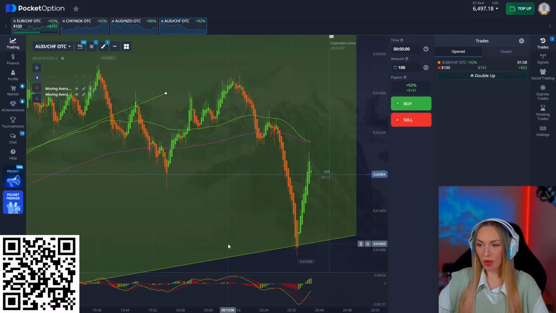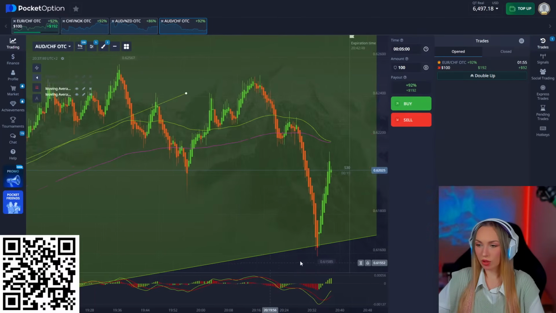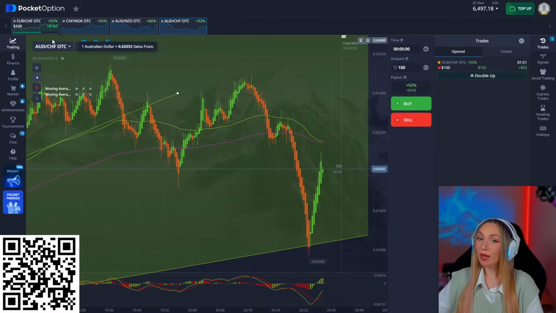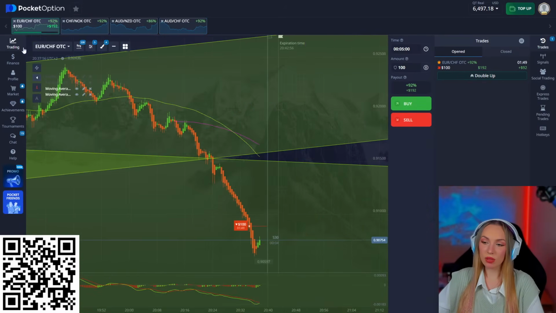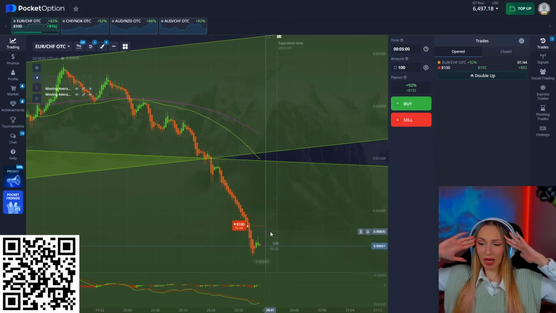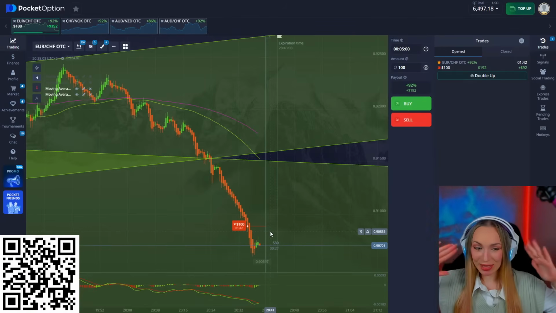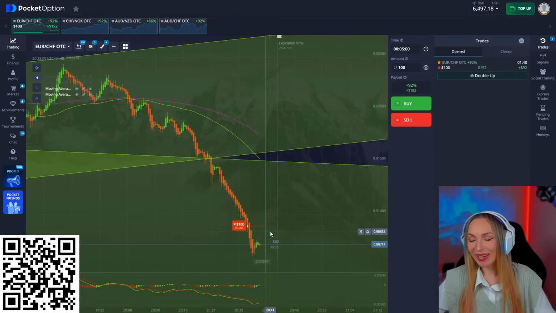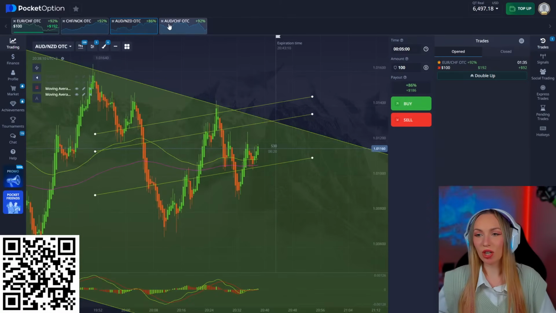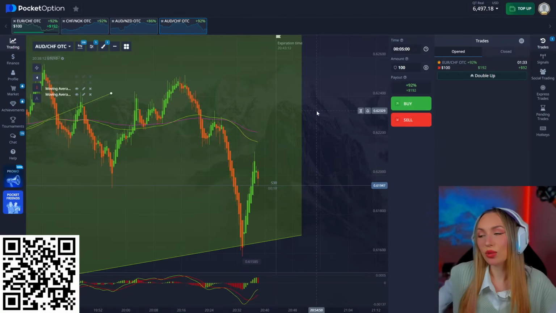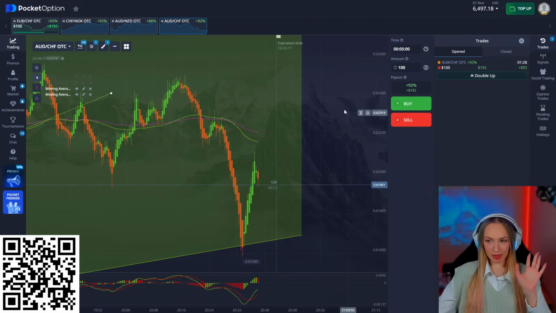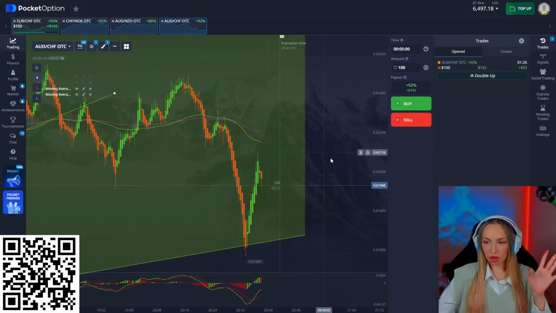So I don't know if I should open the trade here, because in comparison with all the other charts that we opened trades on today, and oh my god, why did it start to go up, the correction, the one that I was afraid of. No. Anyway, in comparison with all the other charts, AUD/CHF looks a little bit chaotic to me, so that's why I would still maybe just watch this chart.